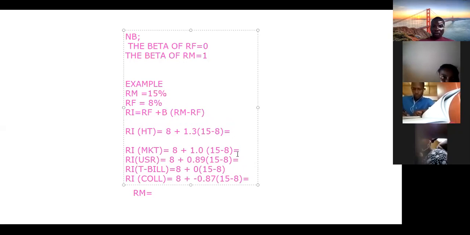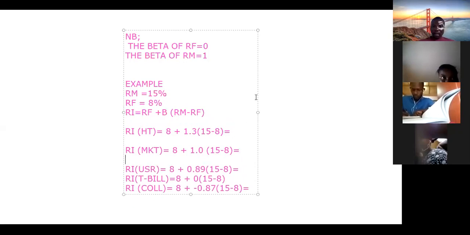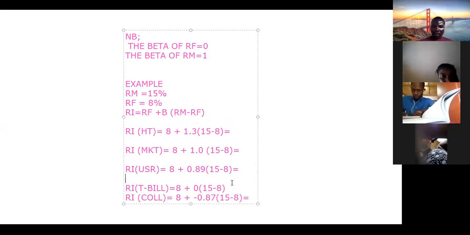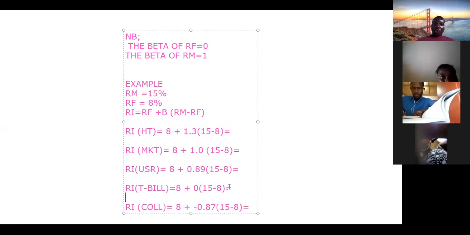So you solve for each of them, get the answers, and then you fix them there. So this is how you solve for the illustration on page 12. Any question?